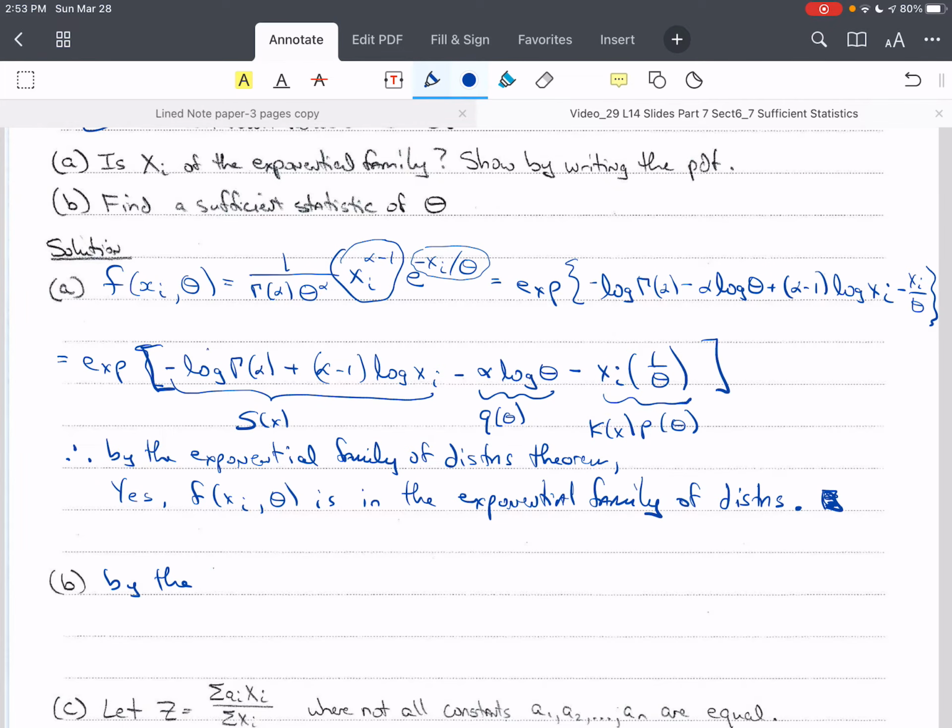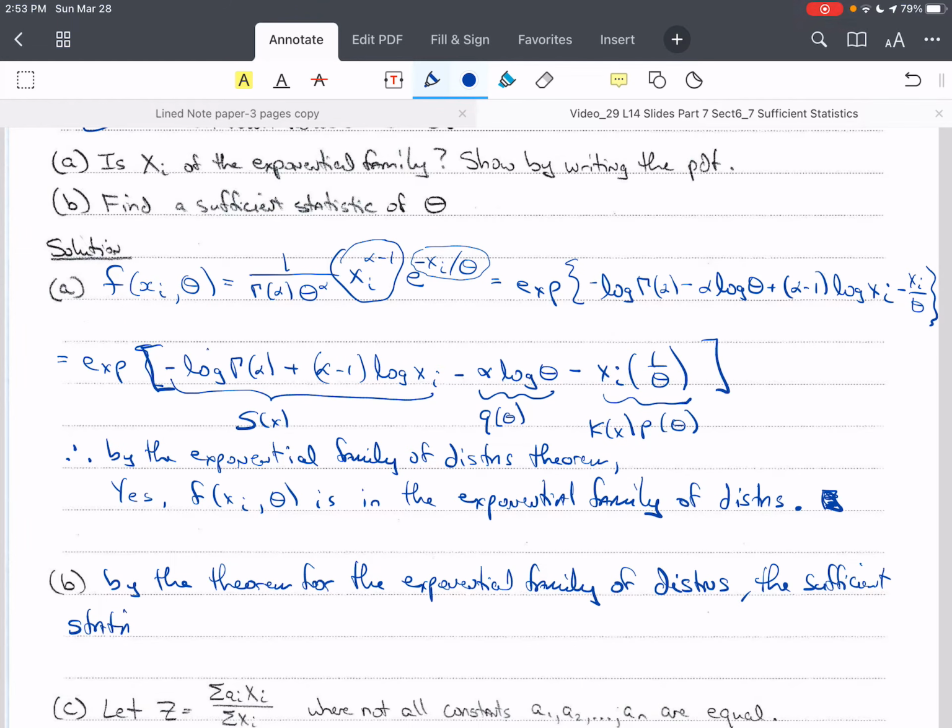By the theorem for the exponential family of distributions, the sufficient statistic. You could say a sufficient statistic if you prefer. That's more accurate, actually.